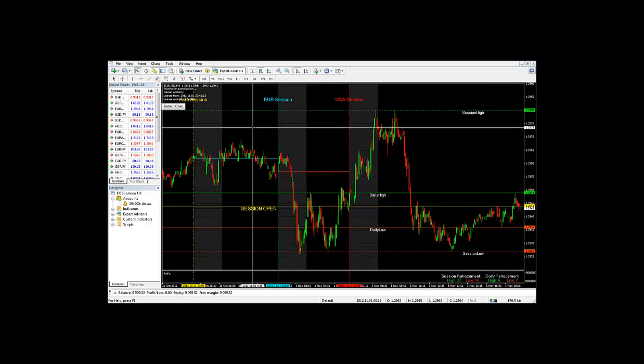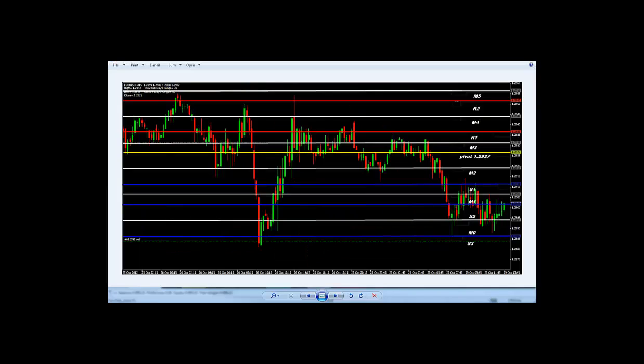This will give you a much better readout on a pivot table and 3 complete sessions, giving you support and resistance levels where you'll be able to rely on because of the 3 different sessions fitting into this pivot calculation.